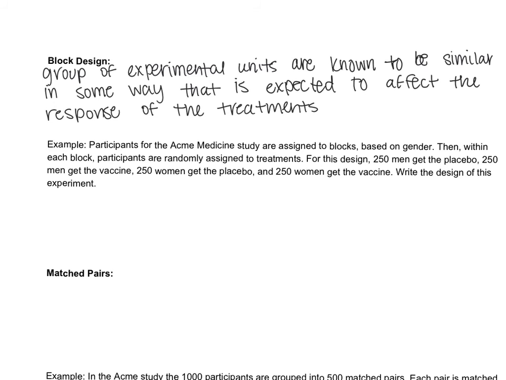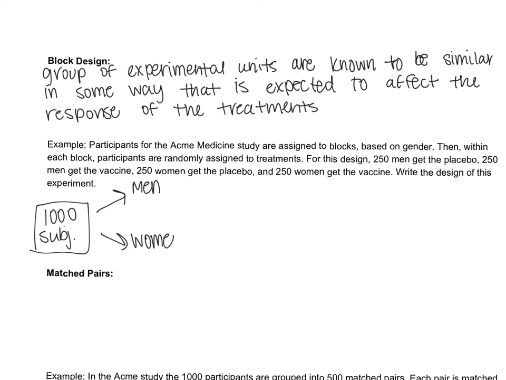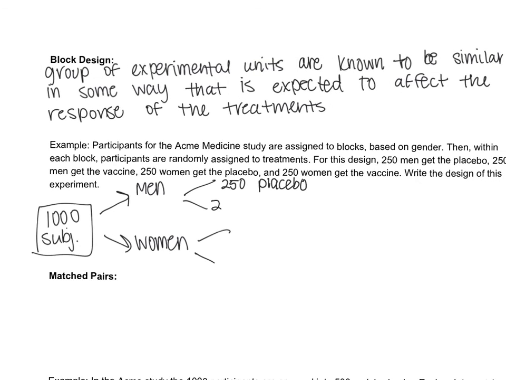So we're talking about what this would look like. We have our 1,000 subjects that we started with, all right? We then split them into men and women. Then within each of these, we have 250 with the placebo and 250 with the vaccine in each of the men and women.